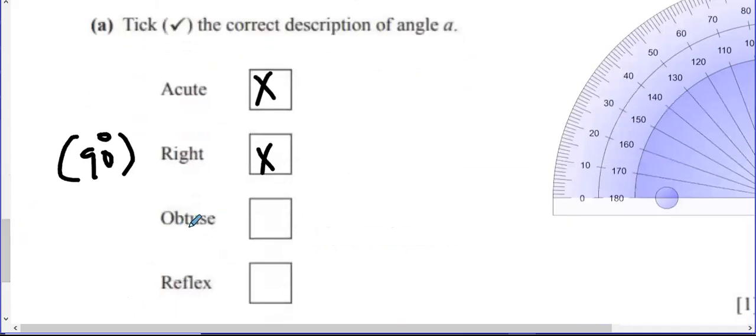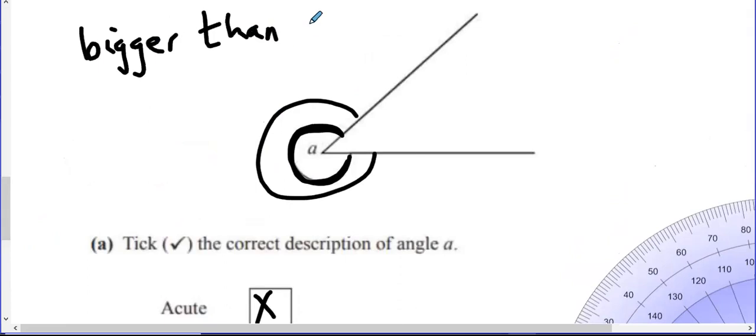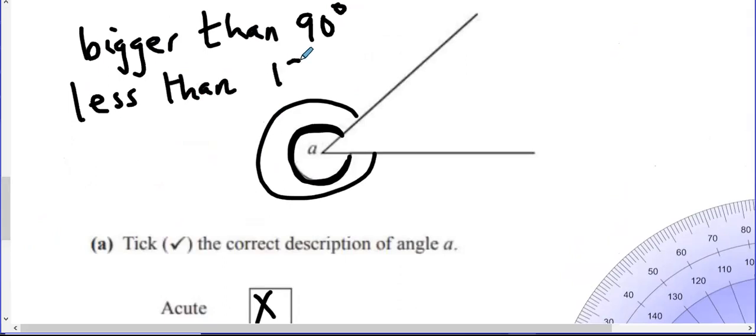Is that angle obtuse? Obtuse means bigger than 90 but less than a straight line.